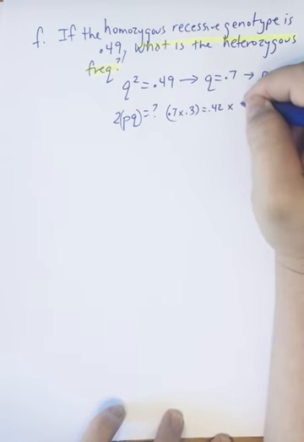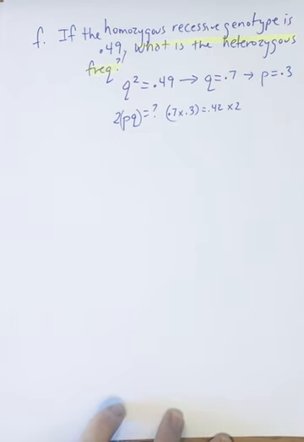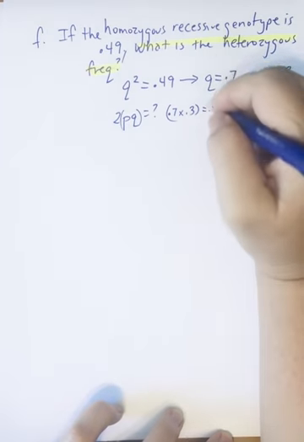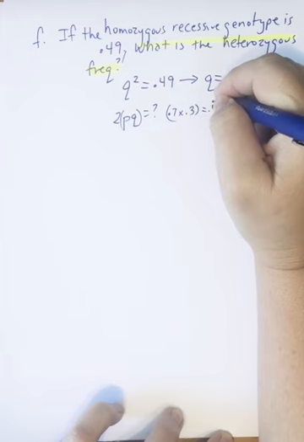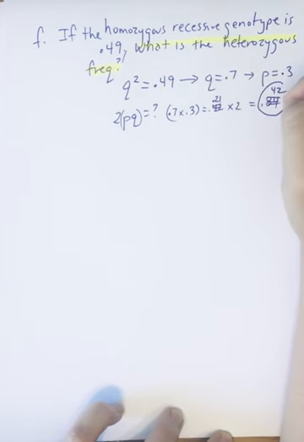Then I take that 0.42 times 2. 0.84. I think that something is wrong. Hold on. Oh, it's 0.21. 0.21 times 2 is 0.42. That would be your answer.